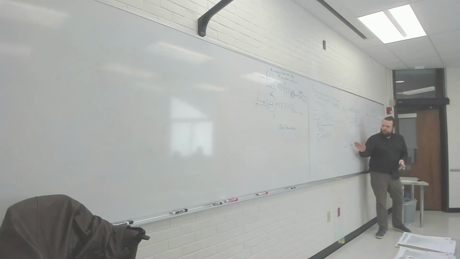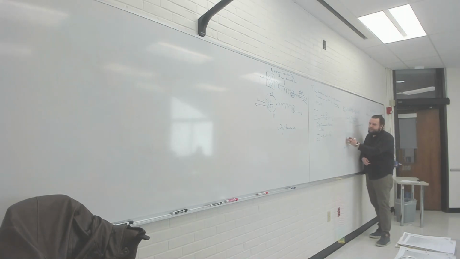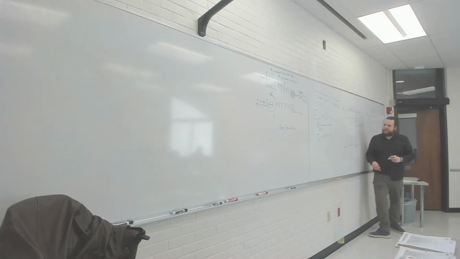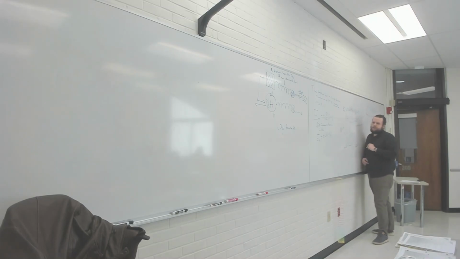If we were to compress the spring, so we're on this side of the potential, let's say we compress it to here, to x prime, the derivative, remember the derivative of potential is equal to the negative of the force.